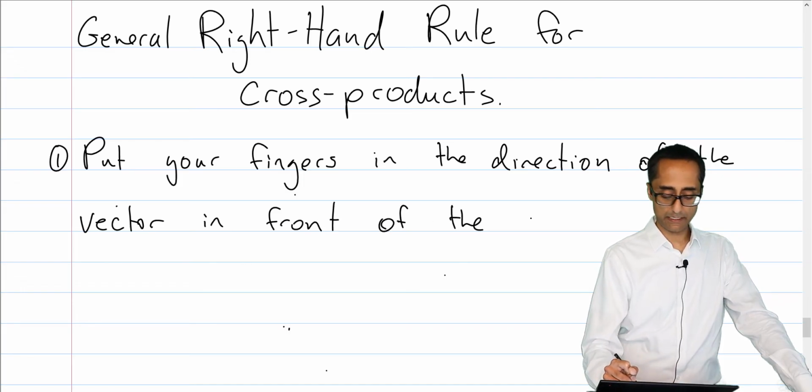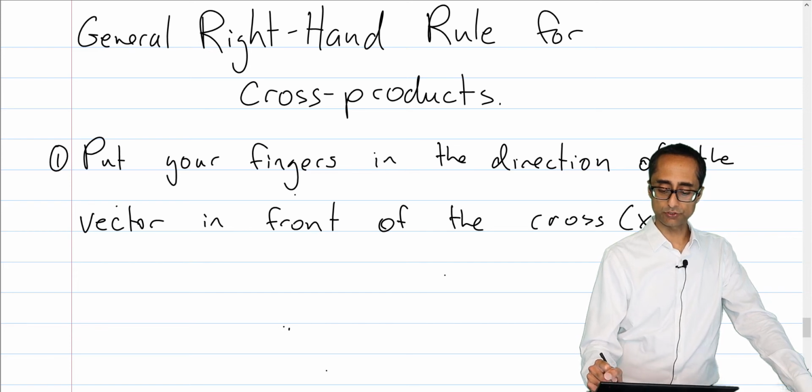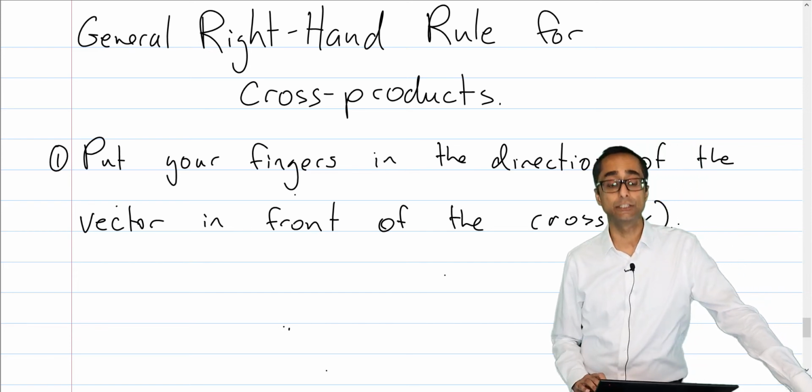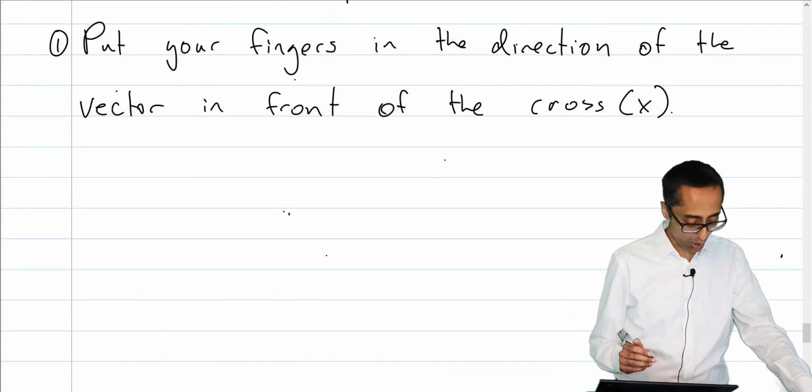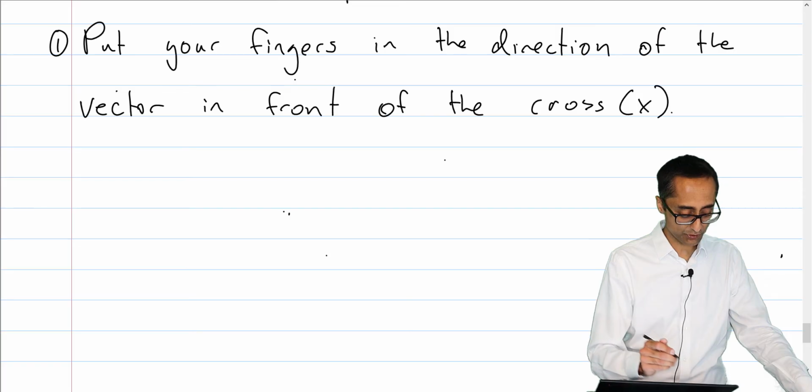Now I'm not saying V here just because we will be using this right-hand rule for other equations as well, so we're learning it in general. Second is to put your palm in the direction of the vector after the cross.